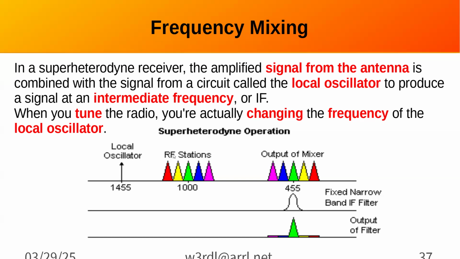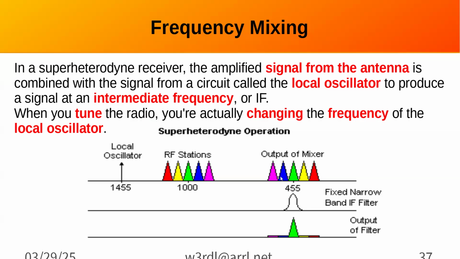All of these are coming into the receiver and they're getting mixed with the local oscillator. So you're going to see all of these output of the mixture. Okay. And your IF passband is down here at 455 kilohertz.